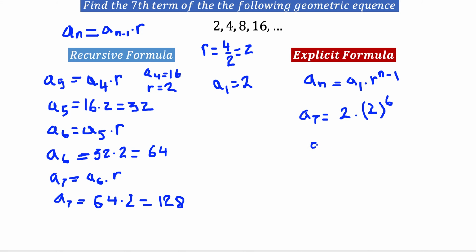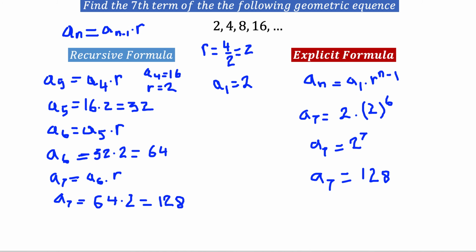So a_7 is equal to 2 times 2 to the exponent 6, which is 2 to the exponent 7, and a_7 is equal to 128.